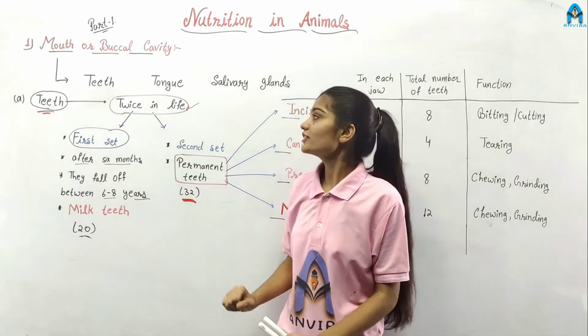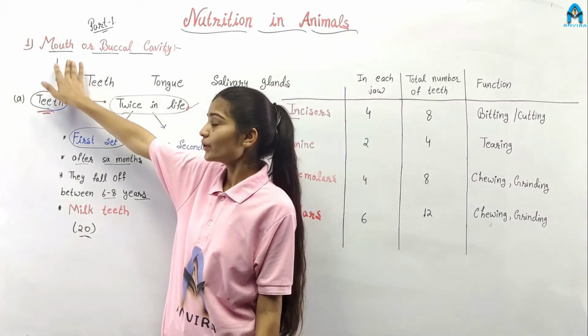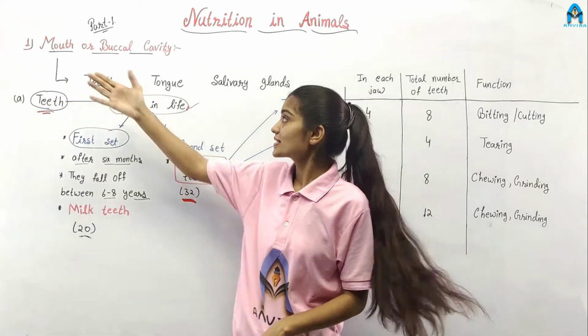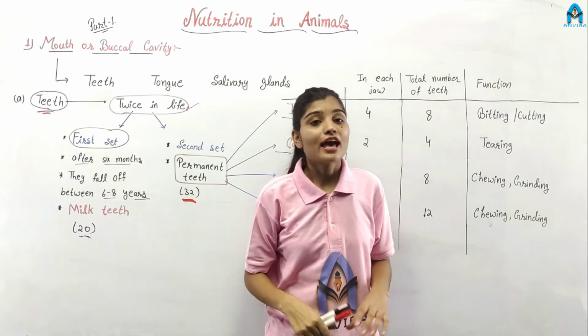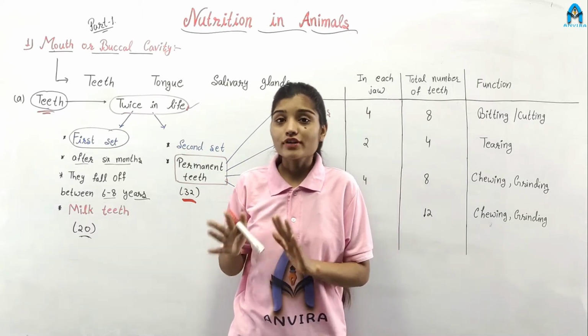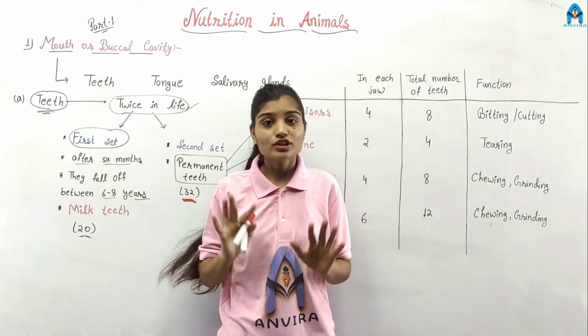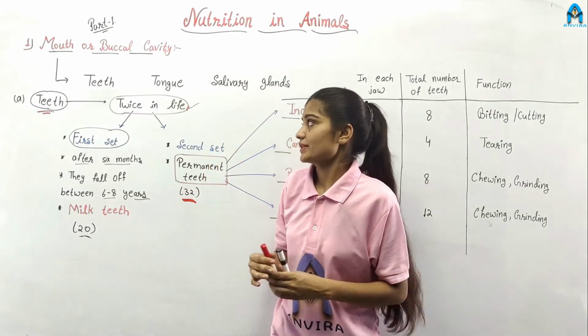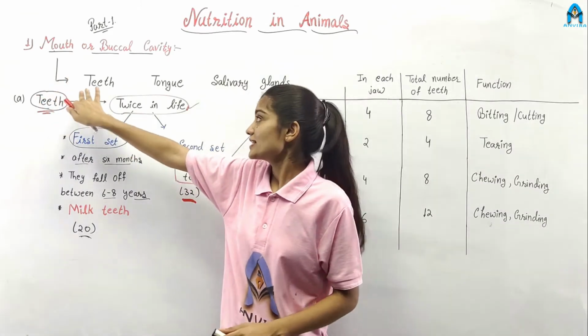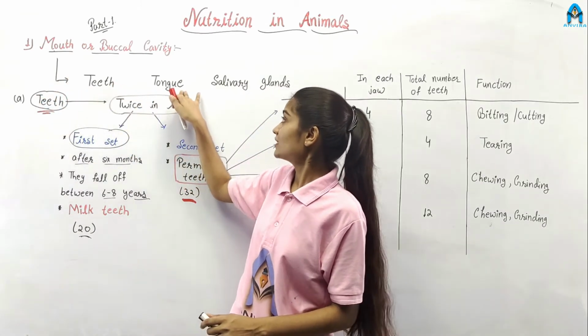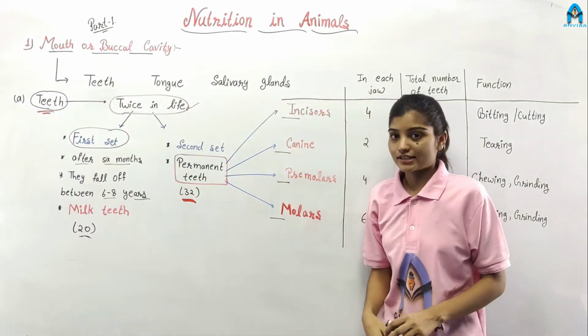The first organ of the alimentary canal is the mouth, which is also known as buccal cavity. As we know that the process of ingestion in humans occurs in the mouth, and we use our hands for this purpose. Mouth contains teeth, tongue and salivary glands.